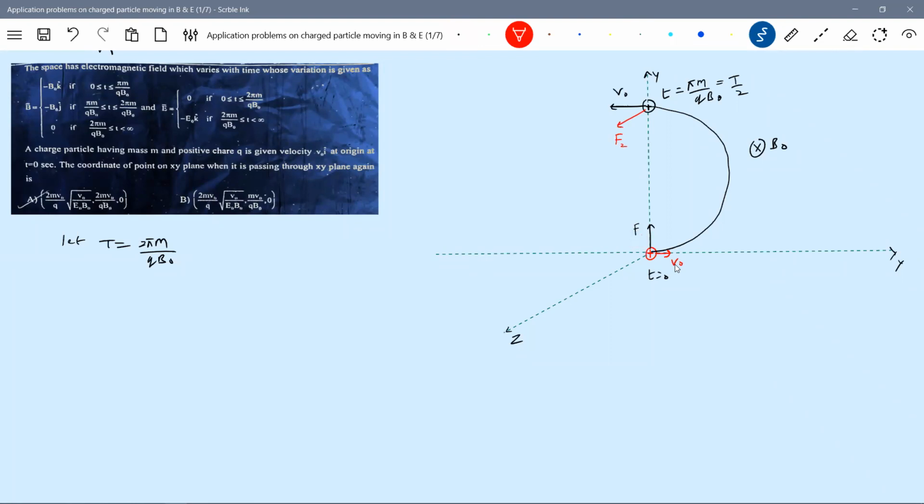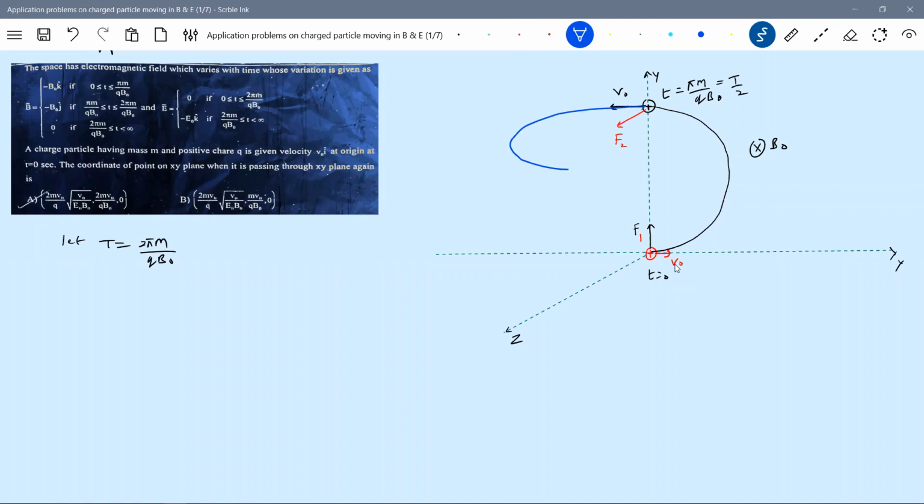F2, F1, I'll write it; it will be better. How should the particle move now? It should move in the minus x, plus z plane. So it is going to describe a path for half of the revolution, a semicircular path.